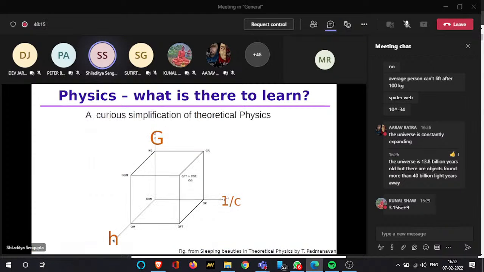Okay, so before going further, I just wanted to mention one quick thing. I mentioned these fundamental constants. We can actually use these fundamental constants to separate different theories of physics under different regimes.